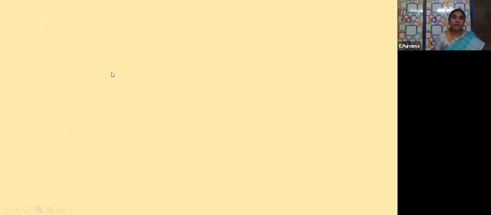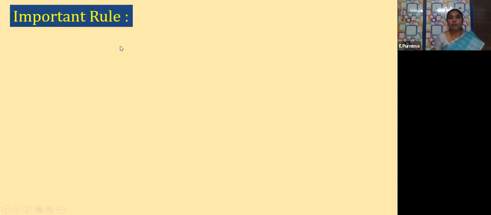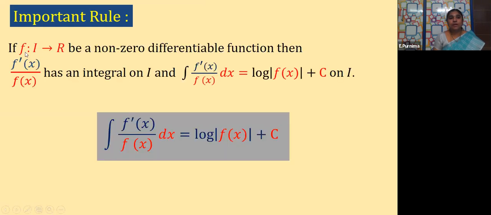So let us see one more important rule what you are going to see now. What is that? If f maps from I to R be a non-zero differentiable function, then f dash x by f of x has an integral on I, and the integral of f dash x by f of x dx is equal to log f of x plus c.